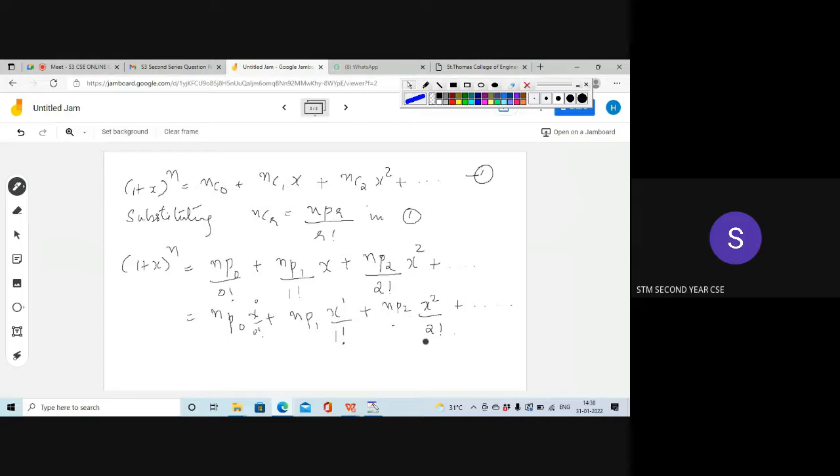This series has now been converted to an exponential generating function form with coefficients a0 is nP0, a1 is nP1, a2 is nP2. Here the coefficients were nC0, nC1, nC2, and this was an ordinary generating function.